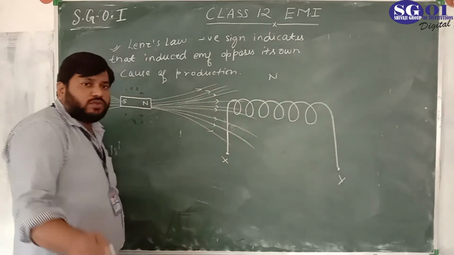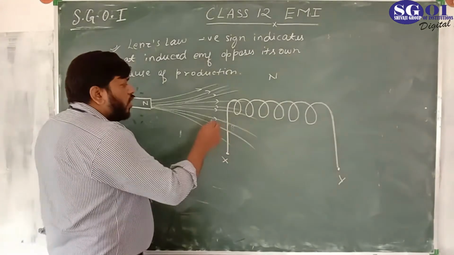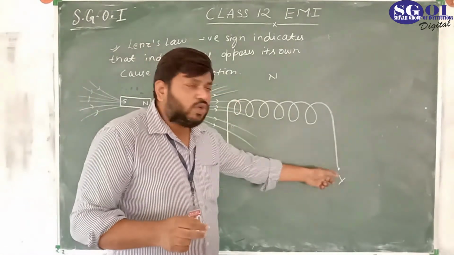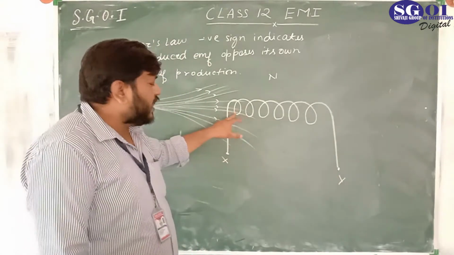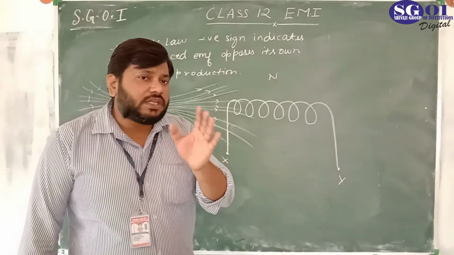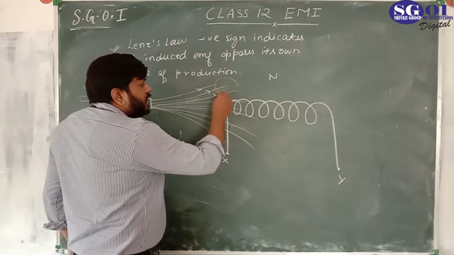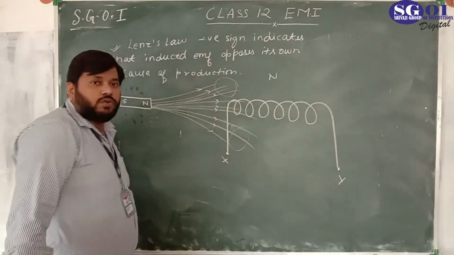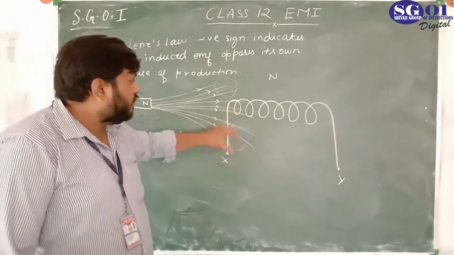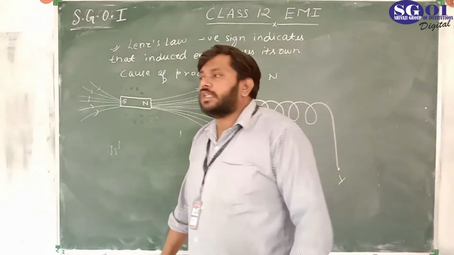And we have to mainly concentrate only on that flux which is linking with the coil. So the EMF would be induced only when there is a change in magnetic flux linked with the coil. I am adding the words, magnetic flux linked with the coil. So what is the meaning? Are this part and this part linked with the coil? No. This part you are seeing here is not linked with the coil. The part which is passing through the coil is responsible for induced voltage.